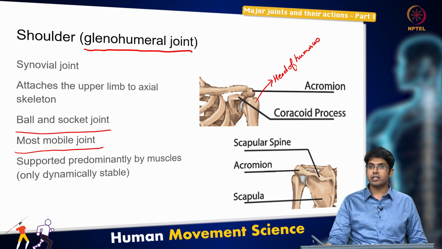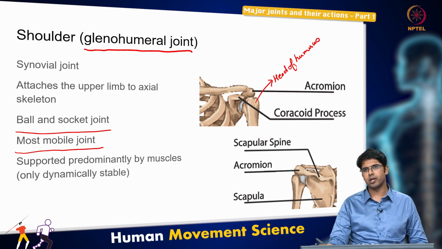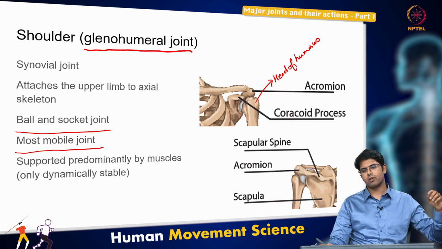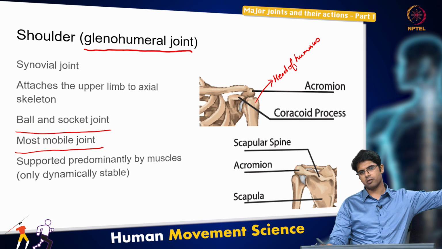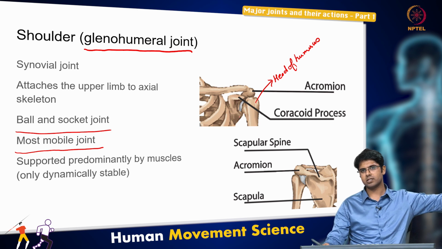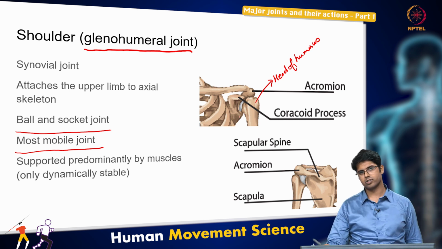Because it is a very mobile joint, it is primarily only dynamically stable. So it has sacrificed stability for mobility, which is to say that to hold a particular position without the help of muscles, the limb would just act under the external forces acting on the segment, right?